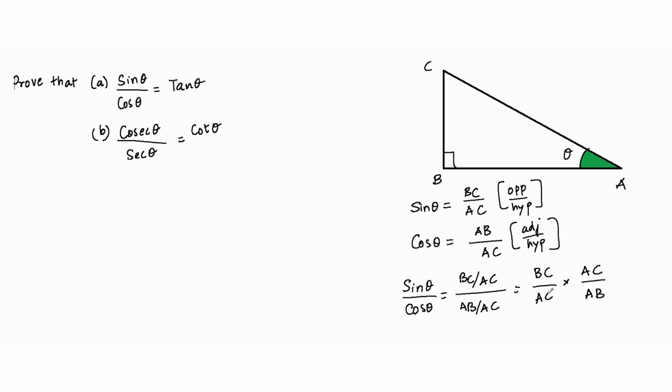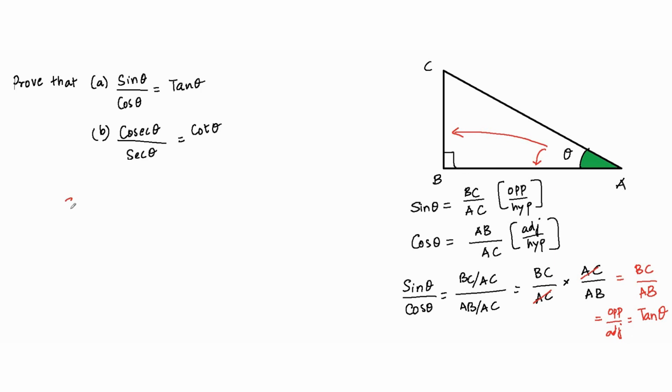Now AC cancels, and therefore what you get is BC upon AB. So BC is the opposite side and AB is the adjacent side. So this is opposite upon adjacent. We know that the ratio of opposite to adjacent side is given by tan theta, right? Therefore, we have shown that sine theta upon cos theta is indeed equal to tan theta.